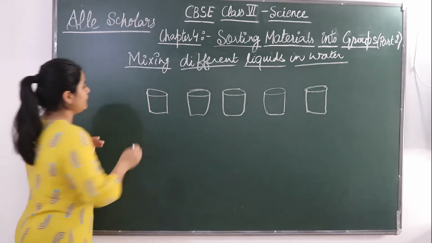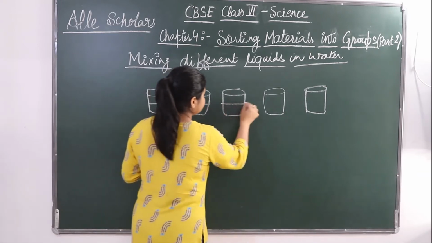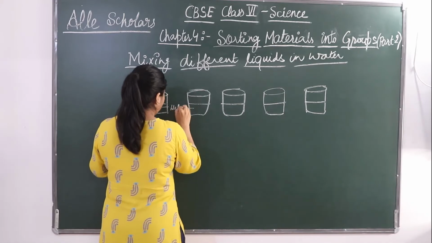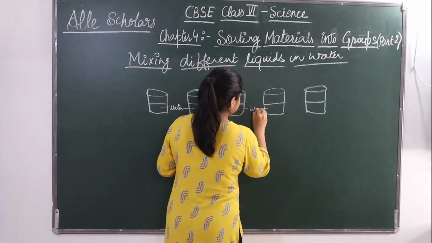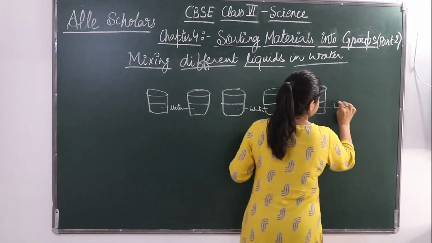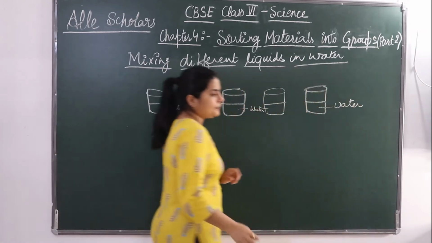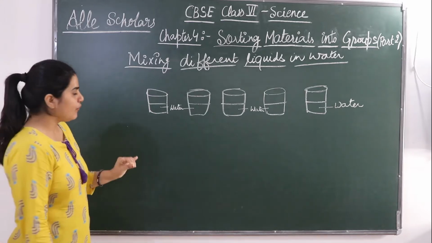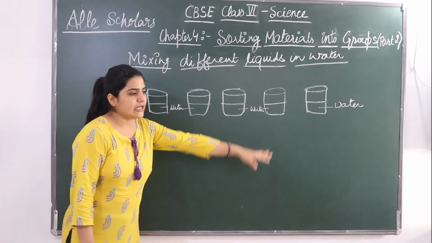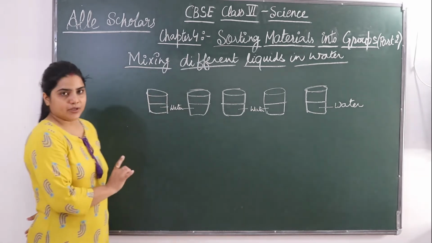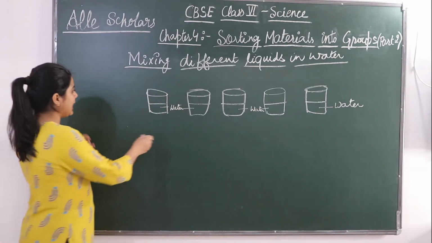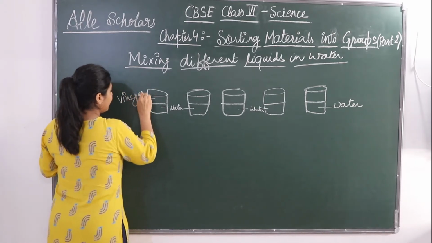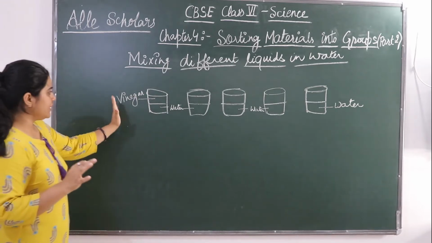We will fill half with water. Now what we have to do, we have to add a few spoons of liquid one by one in each of the tumblers. Okay. So first we will be adding vinegar. We can add 2 to 3 spoons in it.